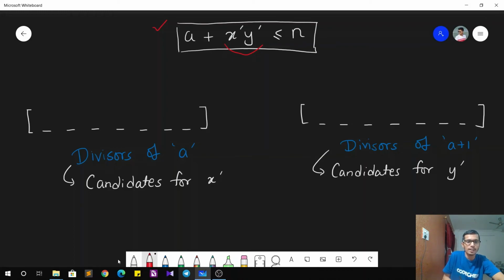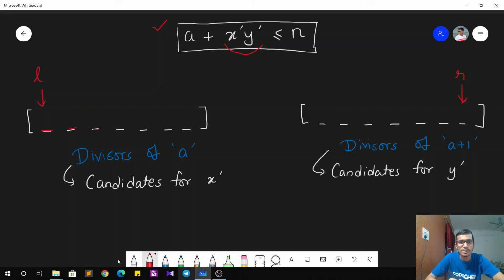These are the divisors of A in sorted order, and similarly the divisors of A plus 1 are also listed in sorted order. And we can place two pointers, one at the beginning of the divisors of A, let's call this pointer L, and one more pointer at the very last of the divisors of A plus 1. Let's call this pointer R.